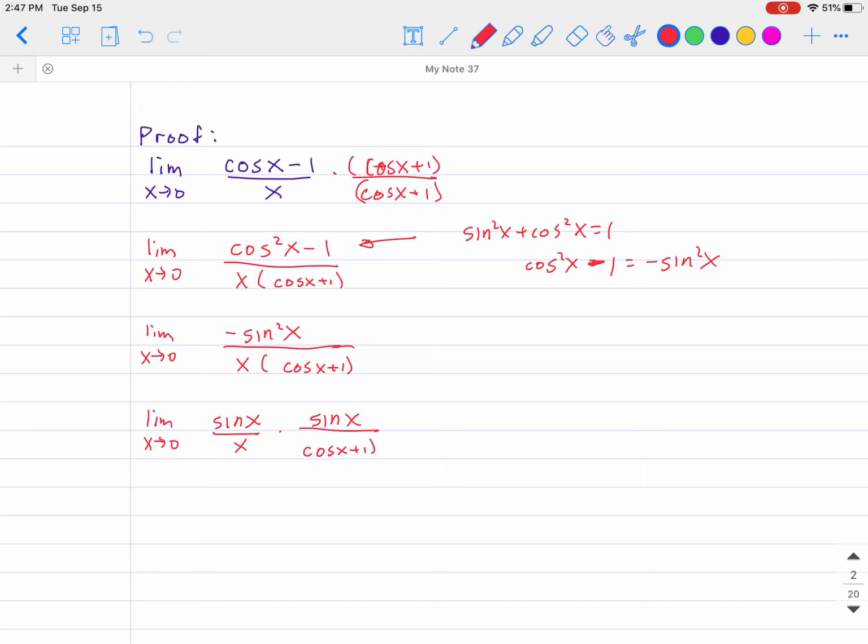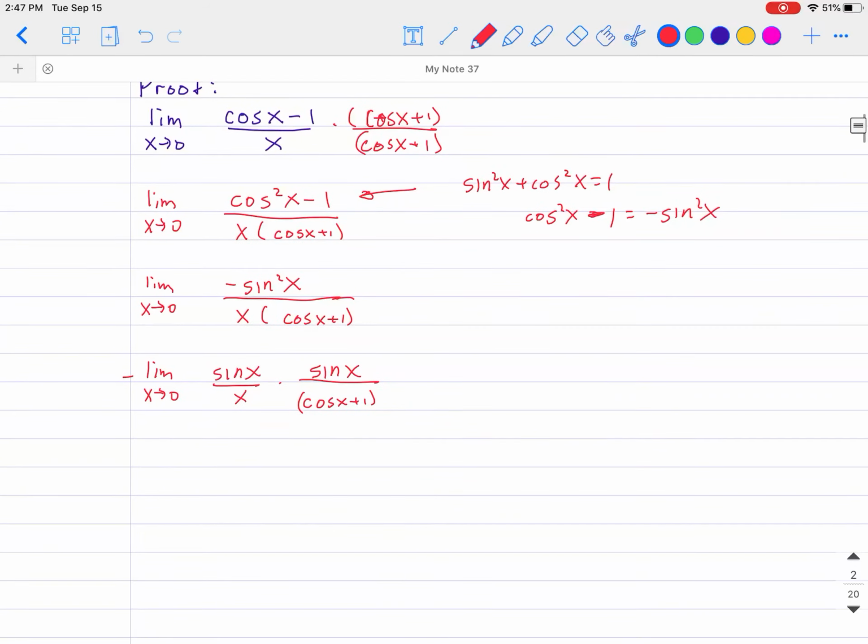The second part is going to be the residual part, which is the sine of x divided by cosine of x plus 1. And I'm going to take that negative on the outside just so that you don't have to worry about it. Well, limit law says I can now break it into two parts so long as their limits actually exist and it's a finite number. So this is what you're supposed to get out of it.